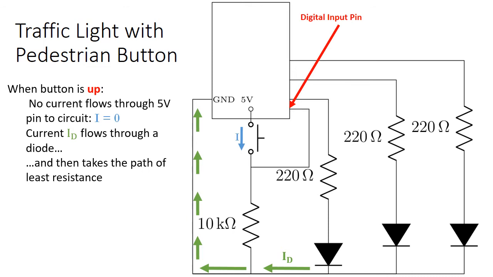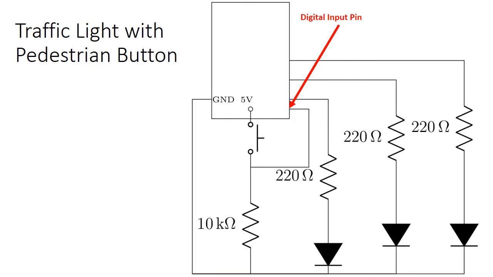So down at the bottom, the voltage is 0. And that means also, since there's no current flow through the 10 kilo ohm resistor or through this wire that connects to the digital input pin, that's also at 0 volts. So we would expect that the voltage at the digital input pin in this scenario will be 0 or low. So when the button is up, the voltage at the digital input pin is 0.